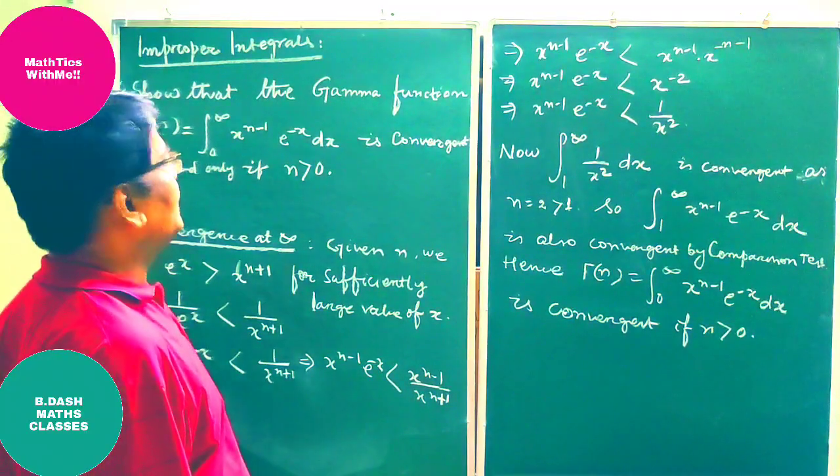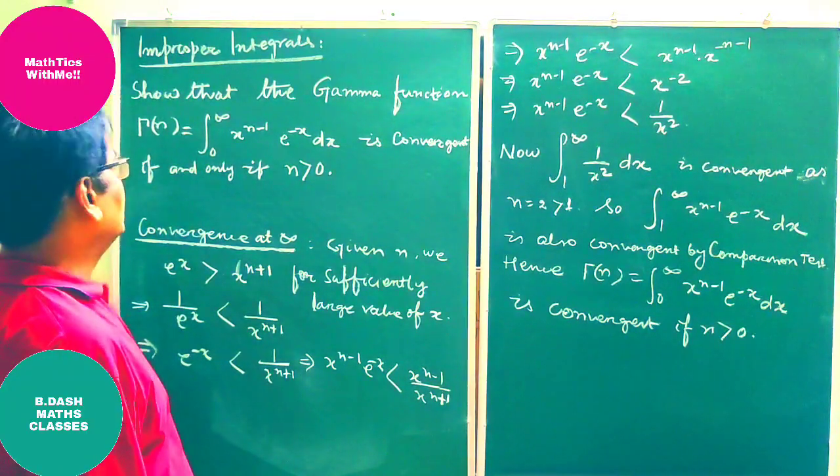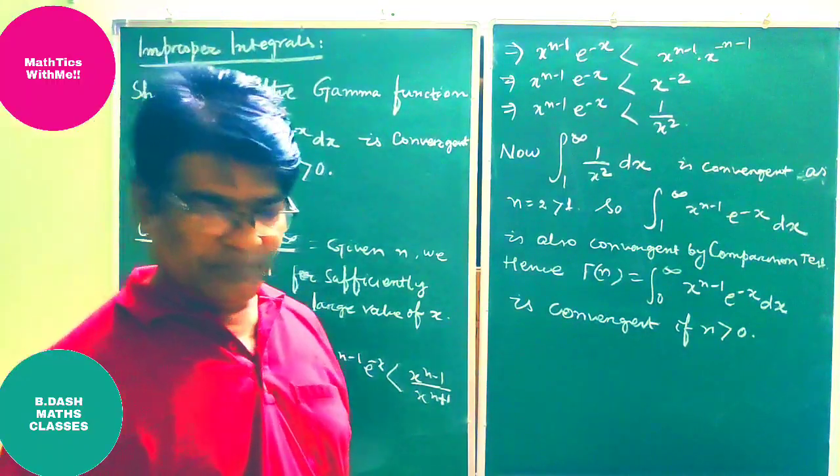So we proved the gamma function is convergent if and only if n is greater than 0.